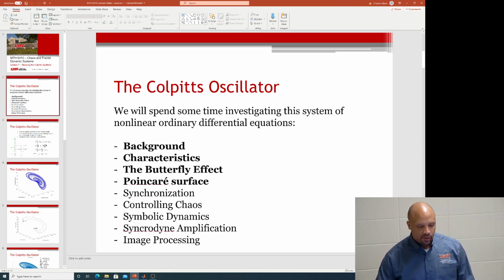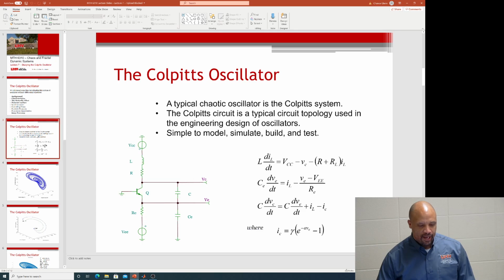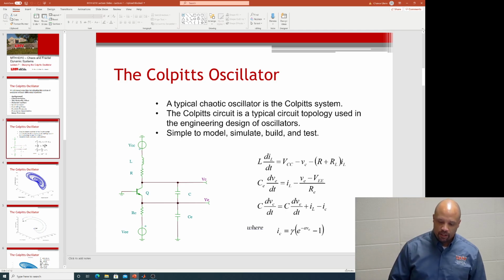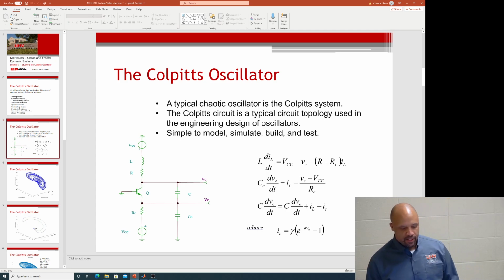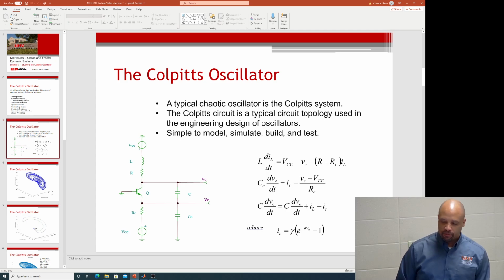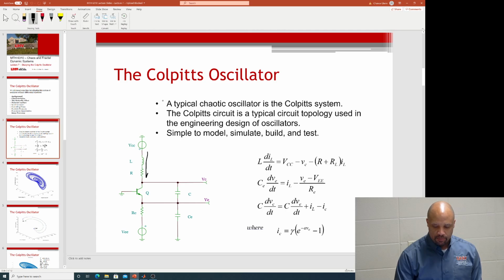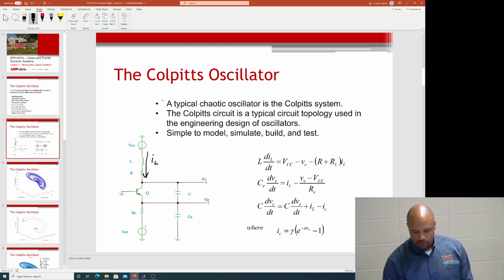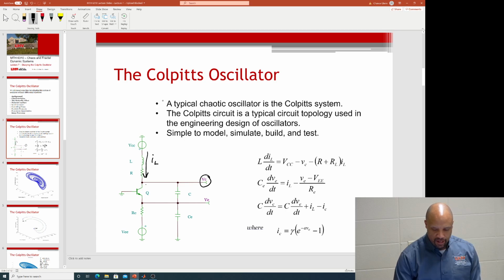All right. So let me start again by just describing what this Colpitts oscillator set of equations are as it relates to this circuit. As I mentioned before in our last lecture, you have a current that flows through this inductor L, so that is I sub L. You have this voltage that is part of the collector of the transistor.